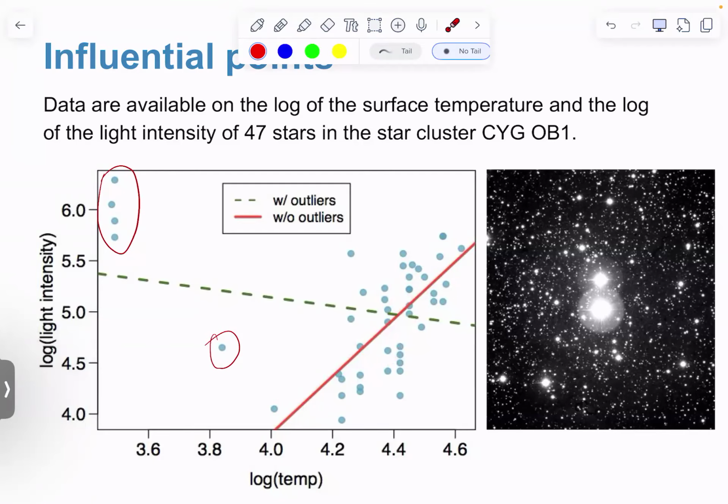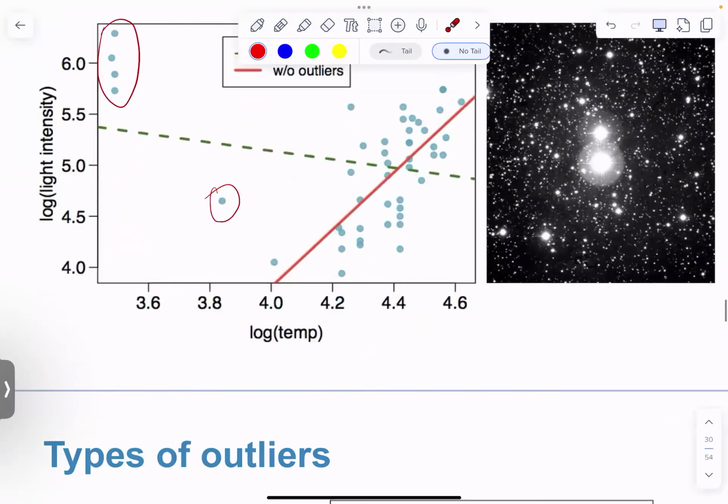Whereas without the outliers, you get this model that does a pretty good job of modeling most of the data, which is the decision you'd have to make. Do you want to model most of the data, or do you want to model all of the data? That's something I cannot answer for you, because it depends.